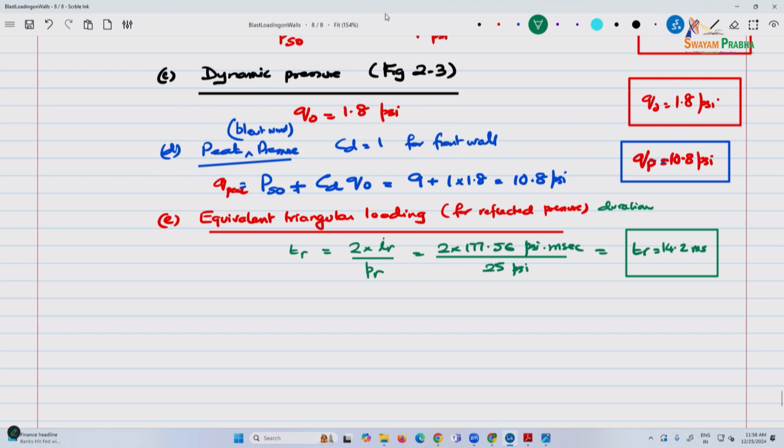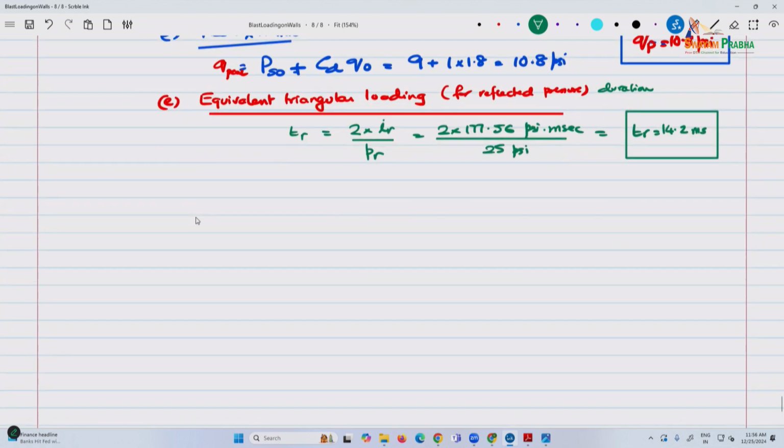So the positive part of the loading looks like this. You have your PR, which is 25 psi. Then you have the QP, which is 10.8, so roughly half of it.